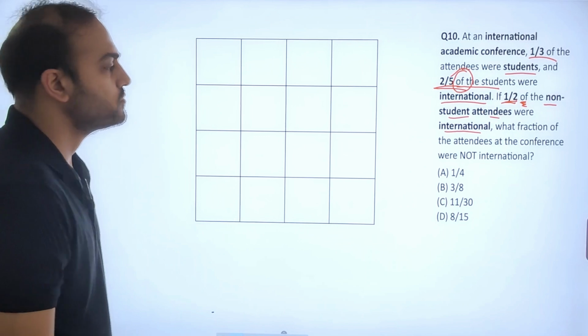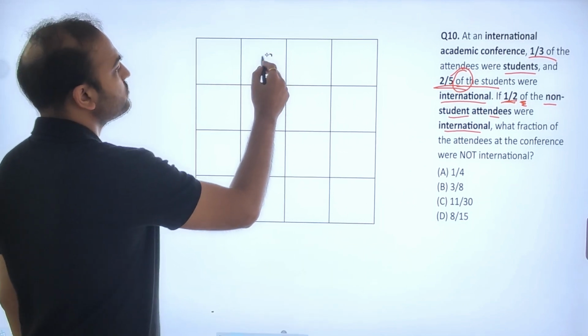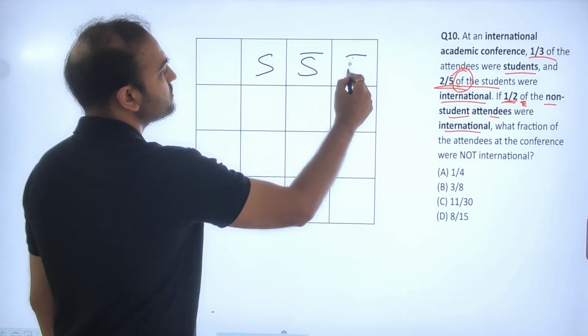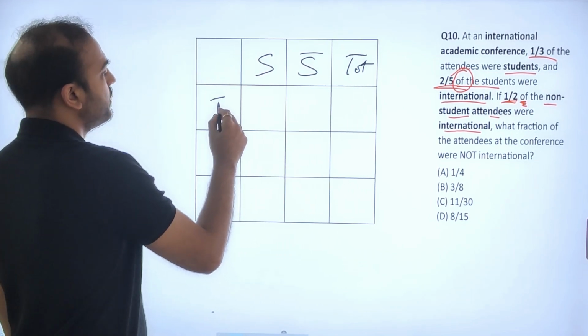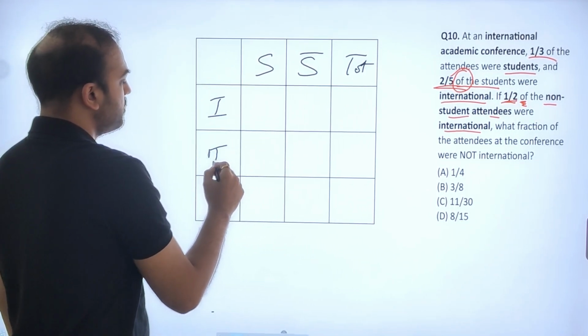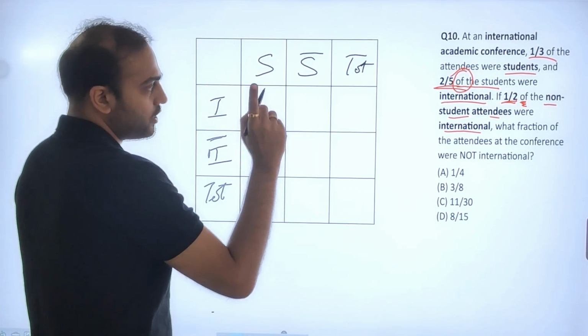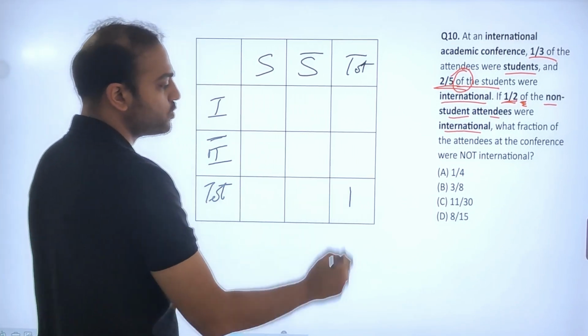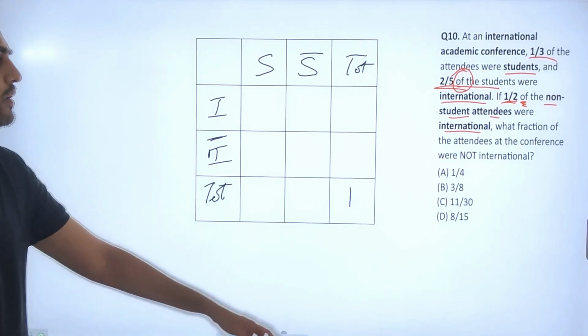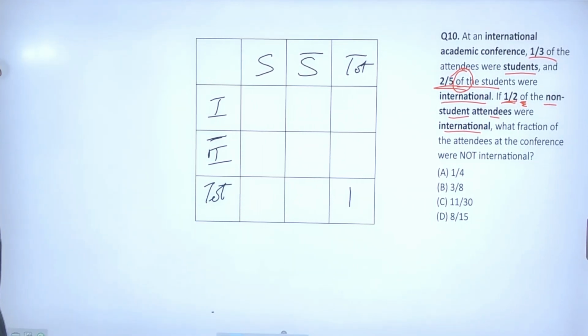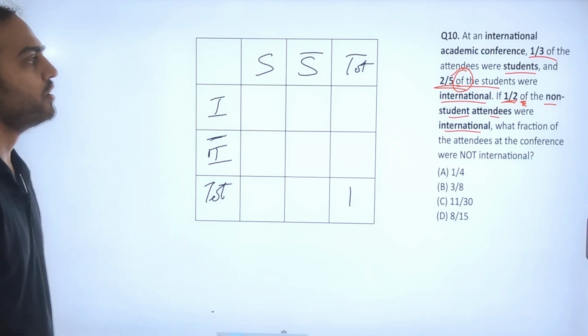Let's say we write students, non-students, total, international, not international, total. Now, since it's a fraction, I take the total as 1.